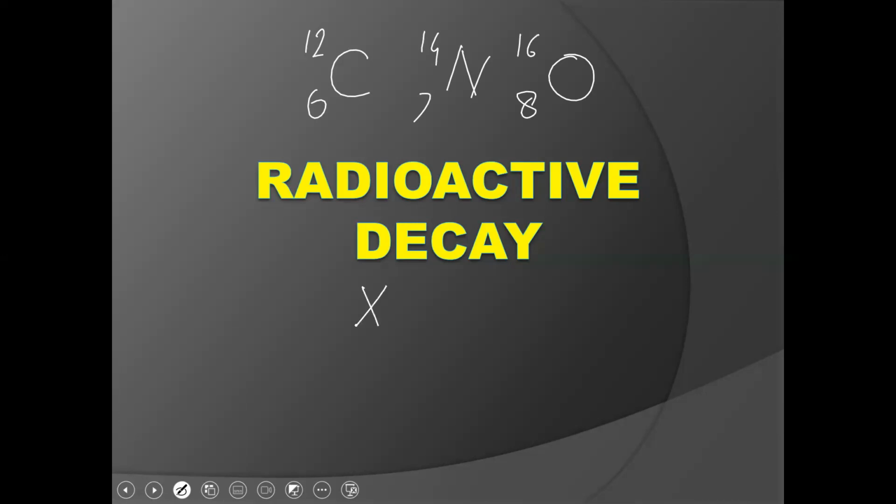Now, if I write an element X, and I say it is 7 and it is 12, can you tell me from chemistry which element this is? Carbon. But do you know which number is the main number in chemistry? Atomic number or mass number?